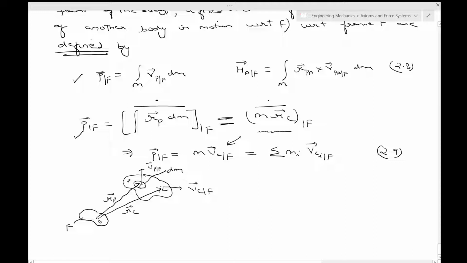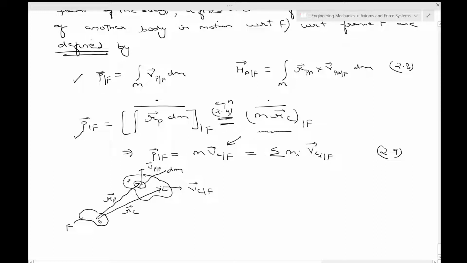That is something you can do by equation 2.4. So you should please go back and check how this equation 2.4 is written.